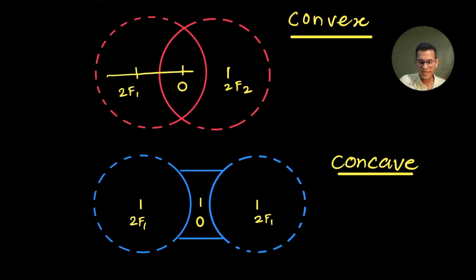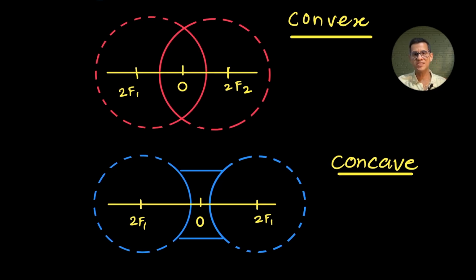An imaginary line joining all these 3 points can be called the principal axis. So most of the things are very similar to what we have seen in mirrors, but in mirrors there is one focus and one center of curvature. Here we'll find two foci and two centers of curvature. So it's just double because there are two spherical surfaces.